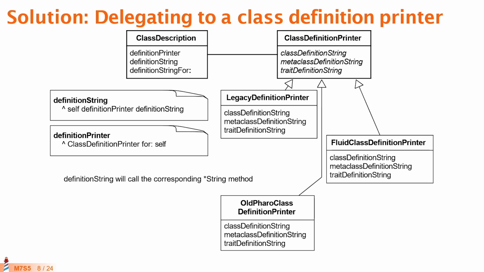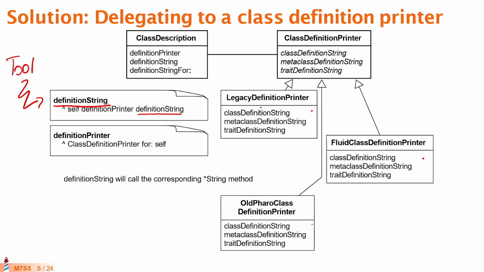If you imagine a tool, for example, here, it will send a message, and we will execute this method, definition string. What the definition string will do is that it will create an adequate printer, an instance of these three classes, and then it will ask, can you give me the definition string? And each of these classes will return it.